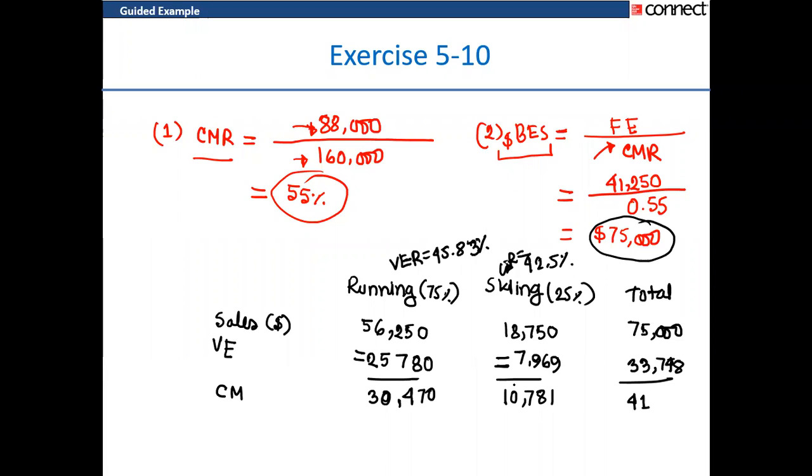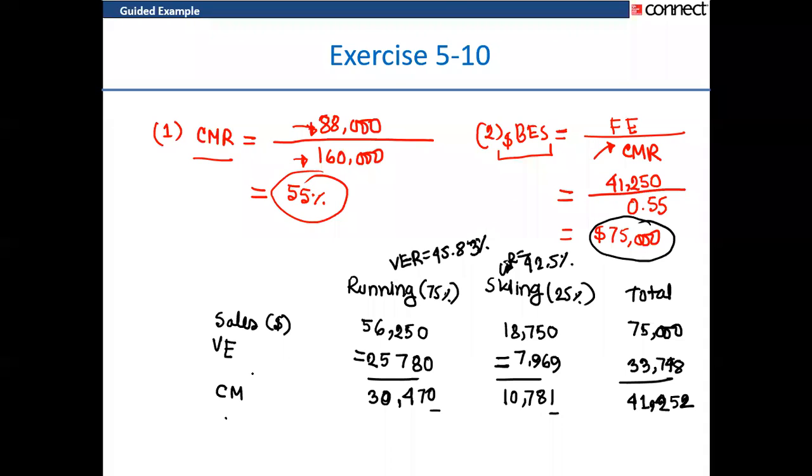You are writing 41,000 something. What should you say? 41,252. Then any other response? From here, we see that it is to be 252. But you see that if we sum up, it should be 1 here. Okay, whatever these are happening for the rounding issues.